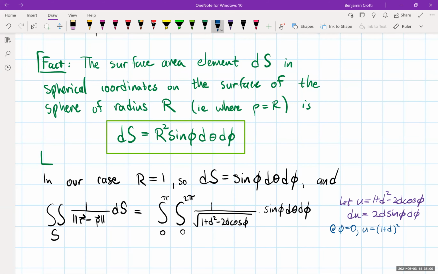I did a little factoring there, and I didn't show my work.